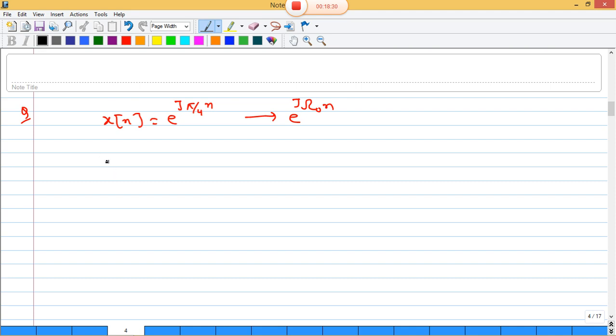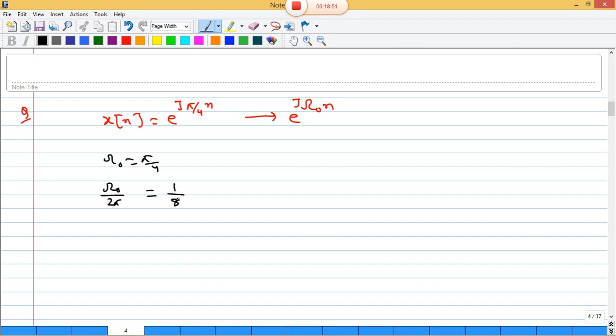Omega naught value will be what? Pi by 4. Is that clear? Now find out omega naught by 2 pi. What will be omega naught by 2 pi?